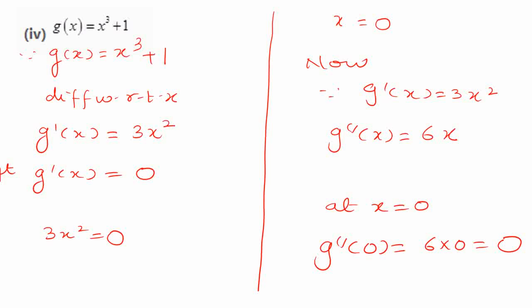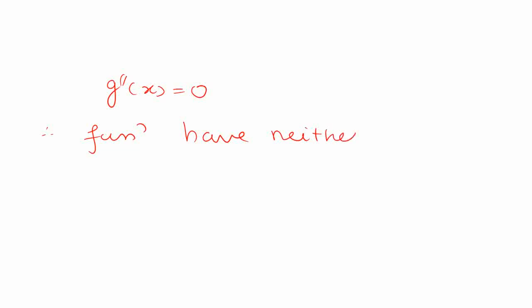So since the double order derivative is 0, what we got here? We got g double dash of x is equal to 0. That means, therefore, the function has neither maxima nor minima.